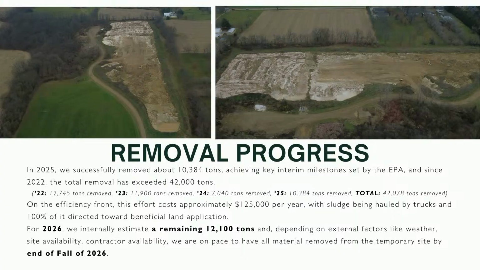So in 2025, now we're going to look at our removal progress. In 2025, we successfully removed about 10,384 tons, achieving key interim milestones set by the EPA. And since 2022, the removal has exceeded a little over 42,000 tons.